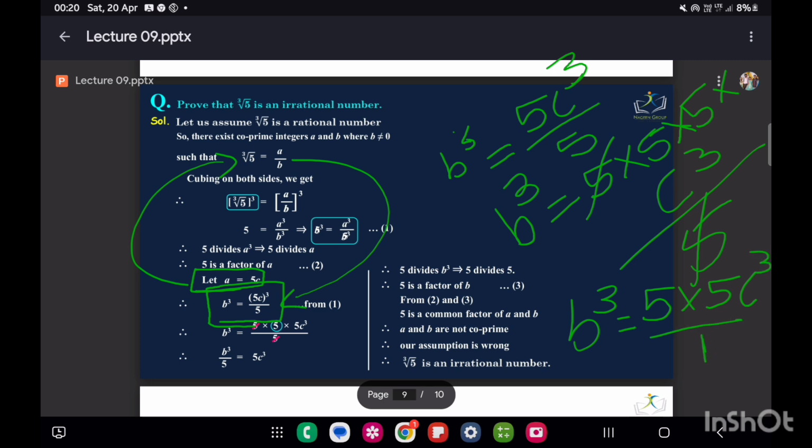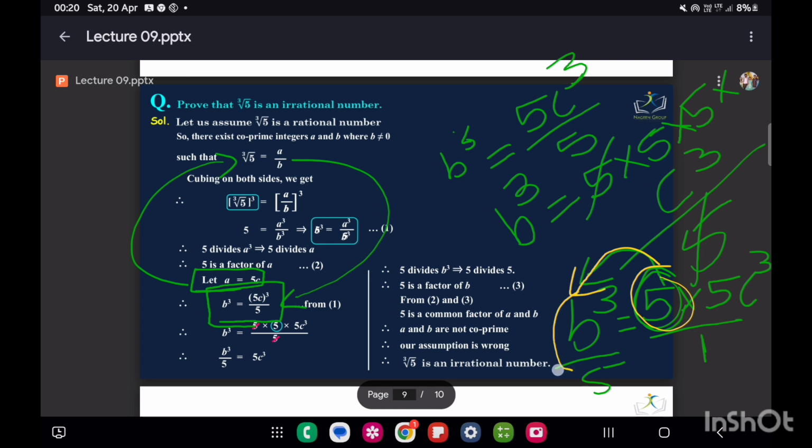Shifting one of the 5s to the left-hand side, we get b cube divided by 5, because the 5 comes to the denominator.